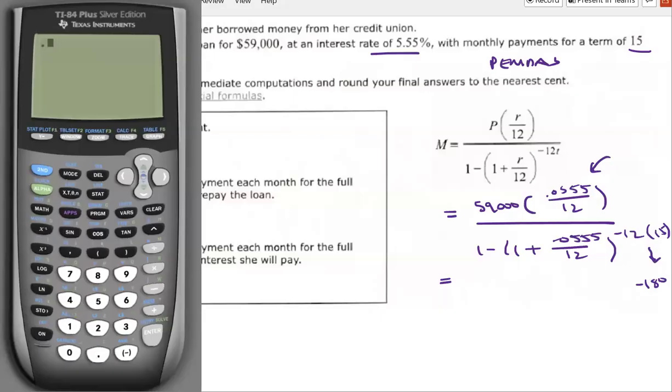Okay, so 0.0555 divided by 12. All right, so I get that answer. Then I want to multiply by 59,000. All right, so then we have this answer, 272.875.